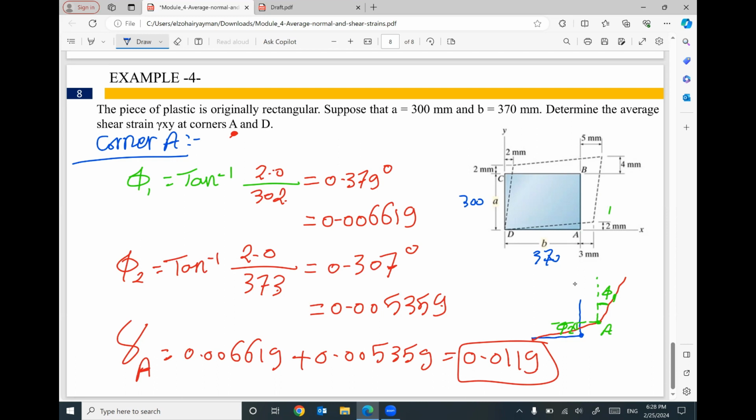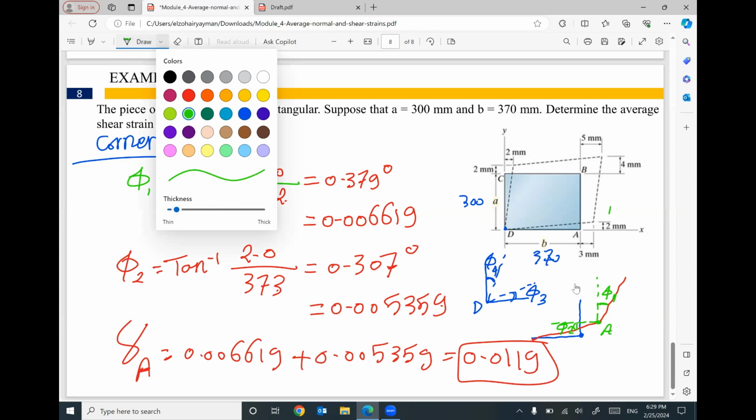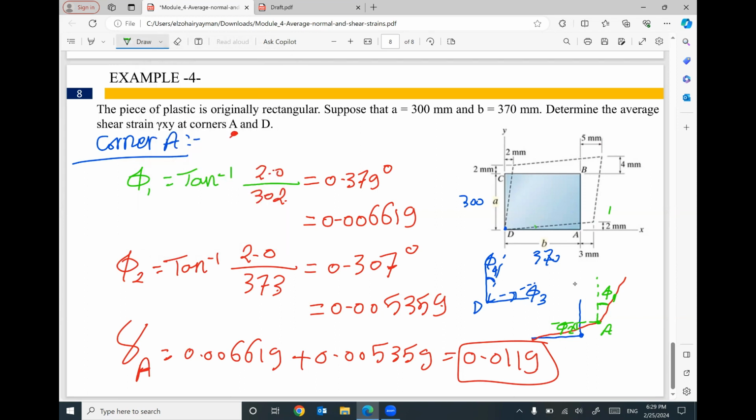For corner D, originally this corner was a right angle. After deformation, we have a change in this angle, and we have a change in this angle. So we can label them phi 3 and phi 4 at corner D. Phi 3 can be inside this right angle triangle.